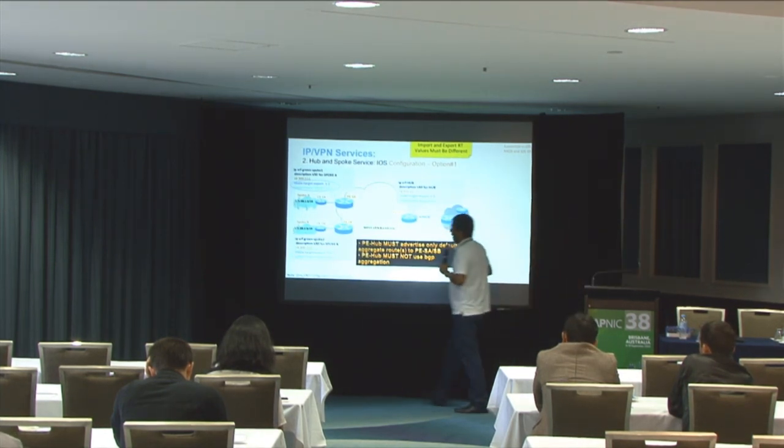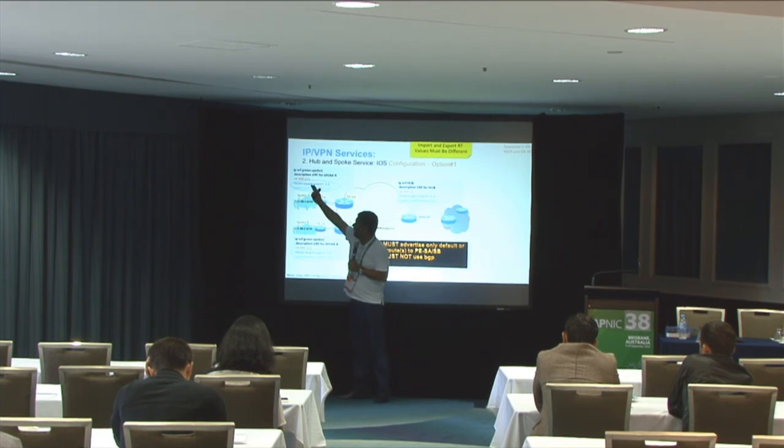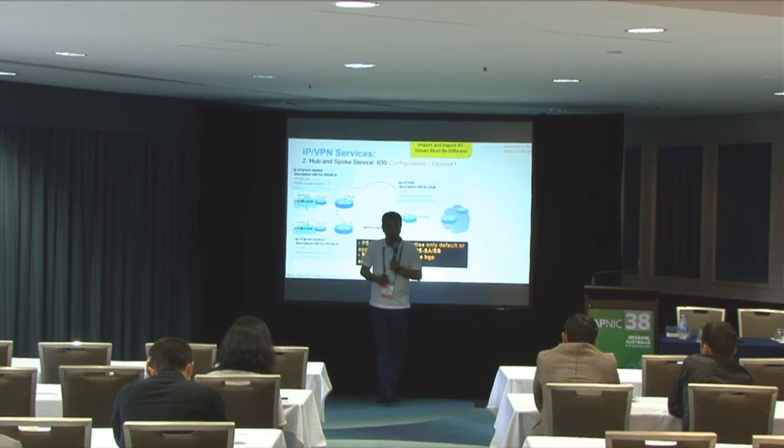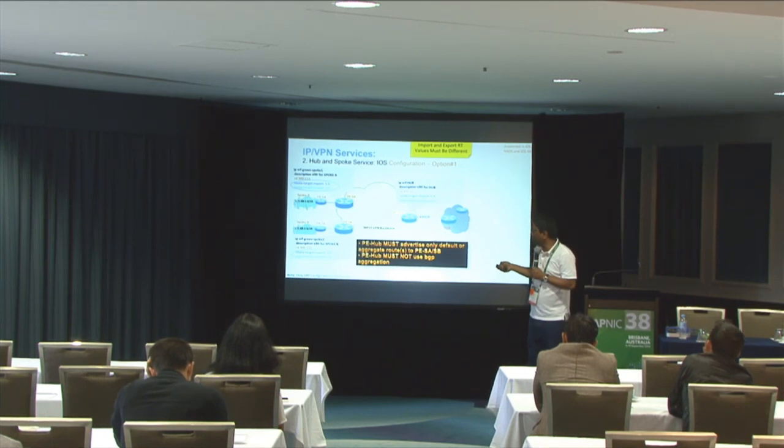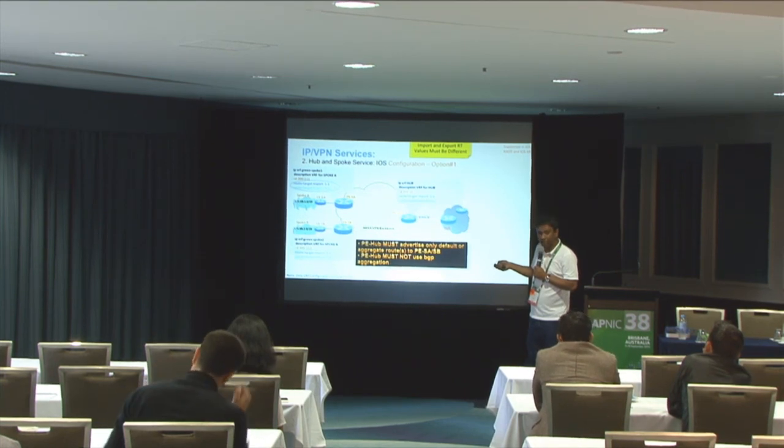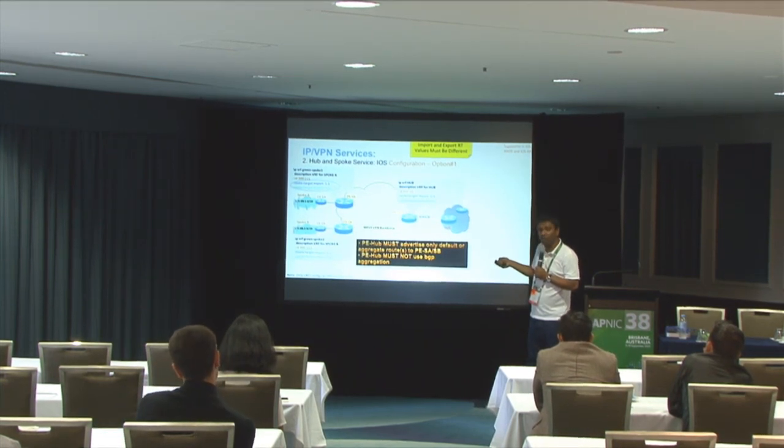What if it did another import statement, import RT 1:1, then what will happen? If this site, site 1 or spoke site A, is doing import RT 1:1, what would happen?